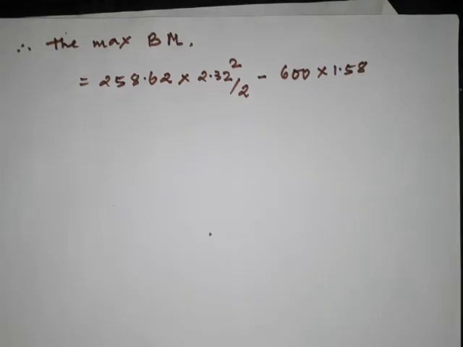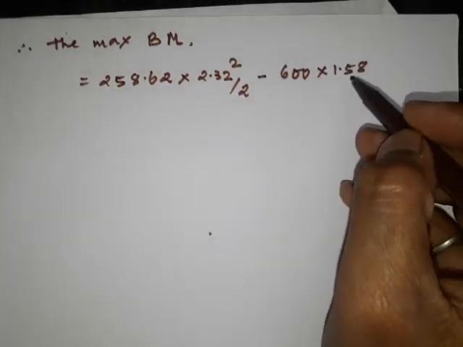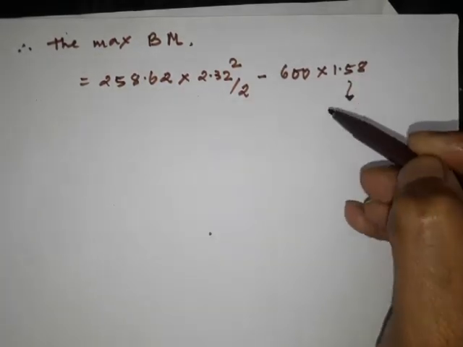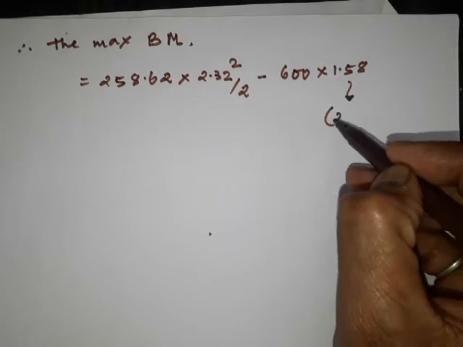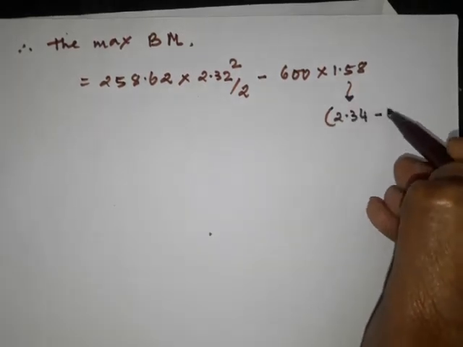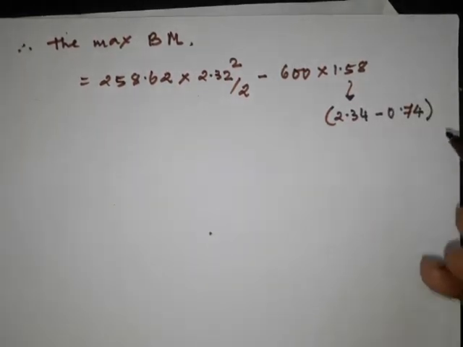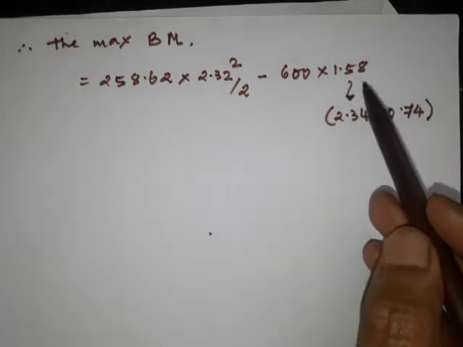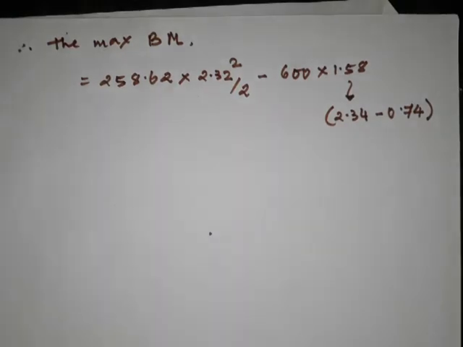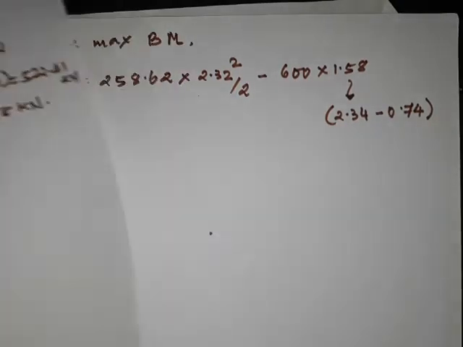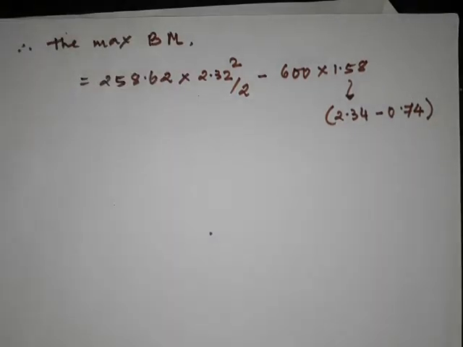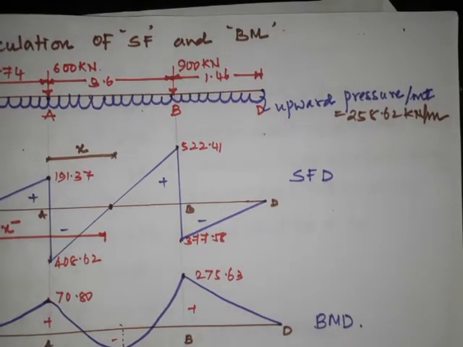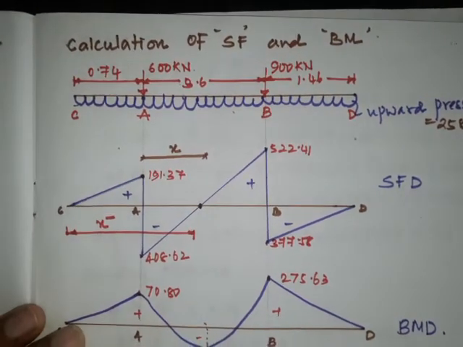How do you get this 1.58 here? It is 2.32 minus 0.74, so we get 1.58. I'll show it here if you want. Yes, here, if you consider this.